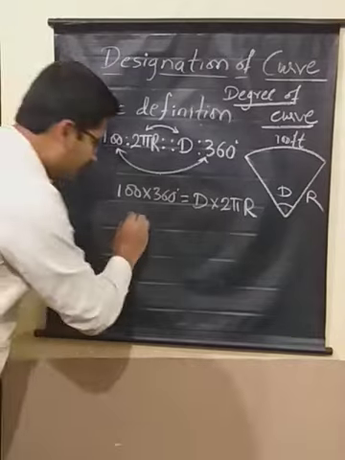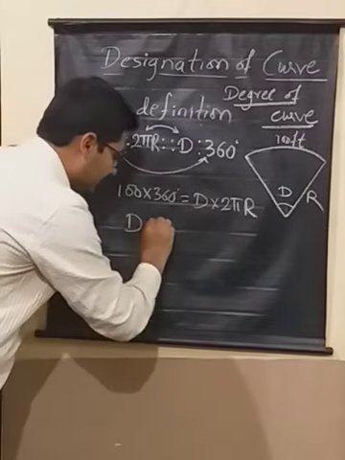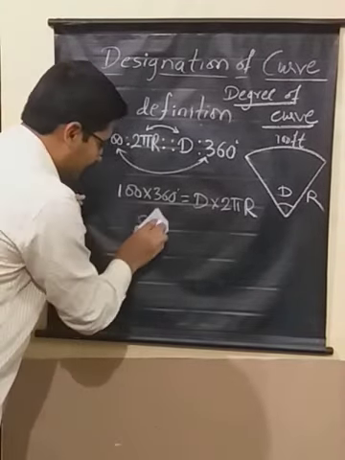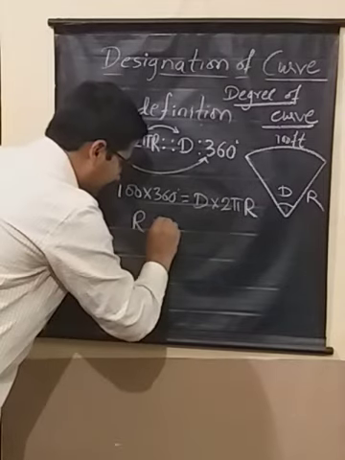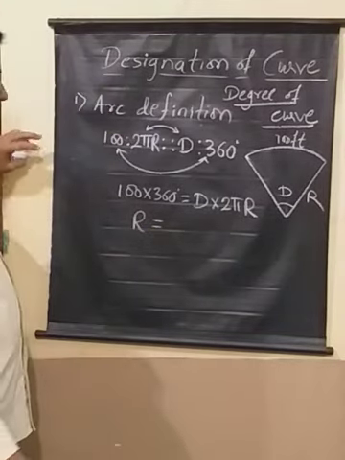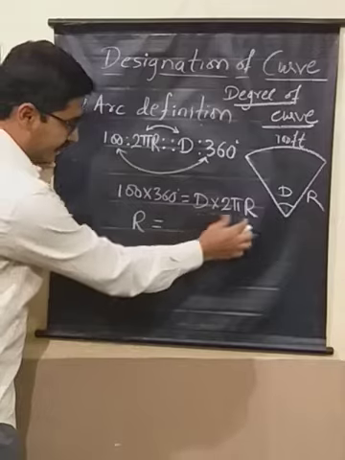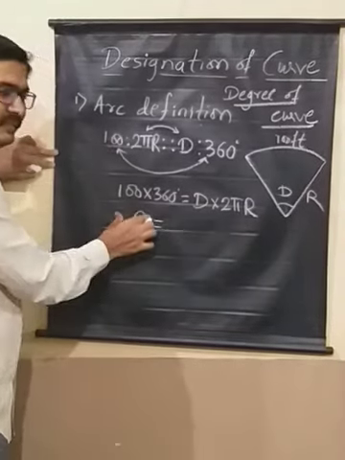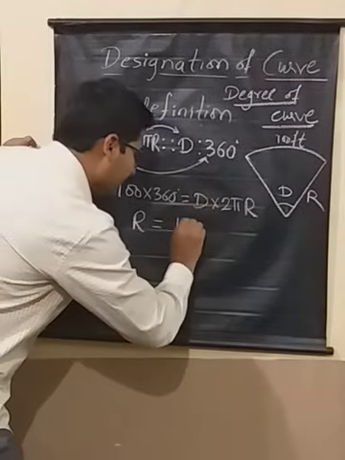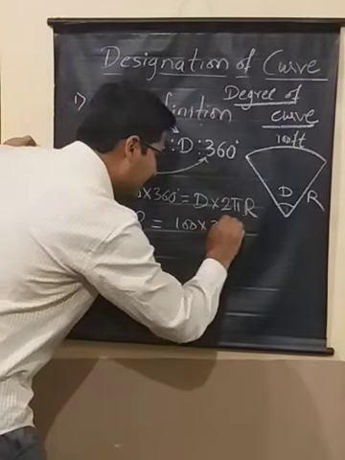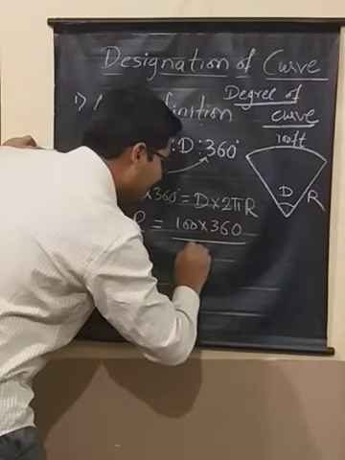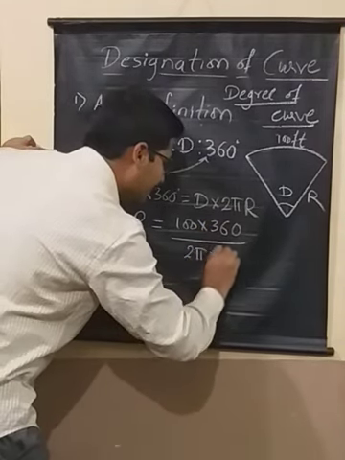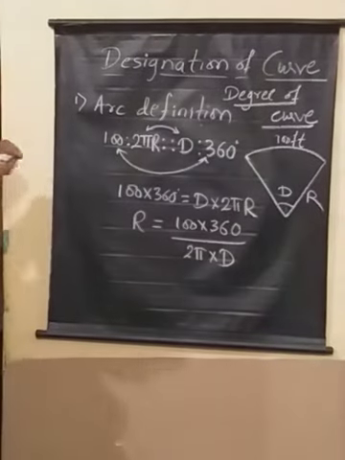Now I will keep radius on one side and send all other things to the other side. So r becomes 100 into 360 divided by 2 pi into D.